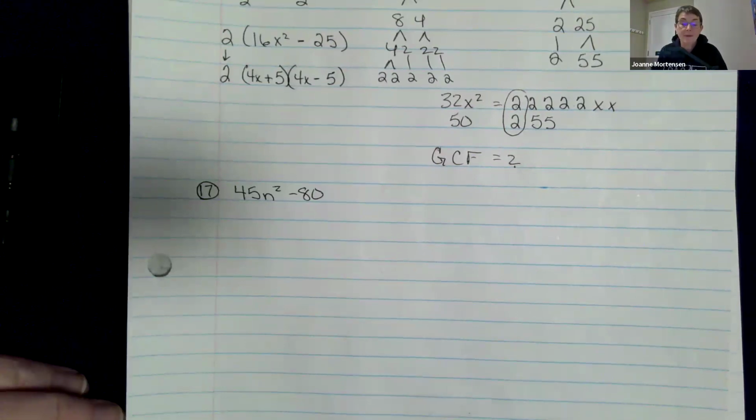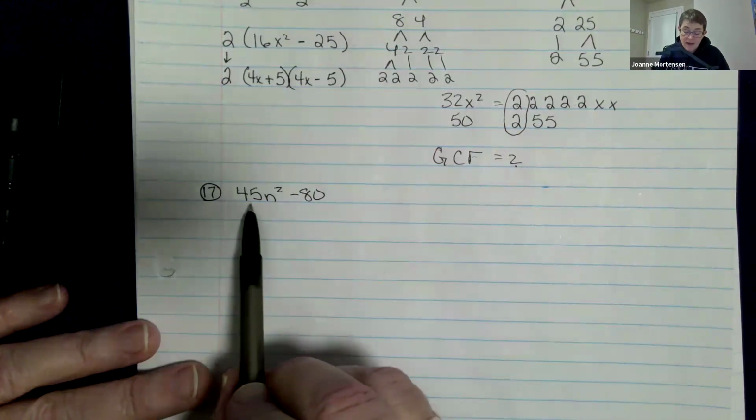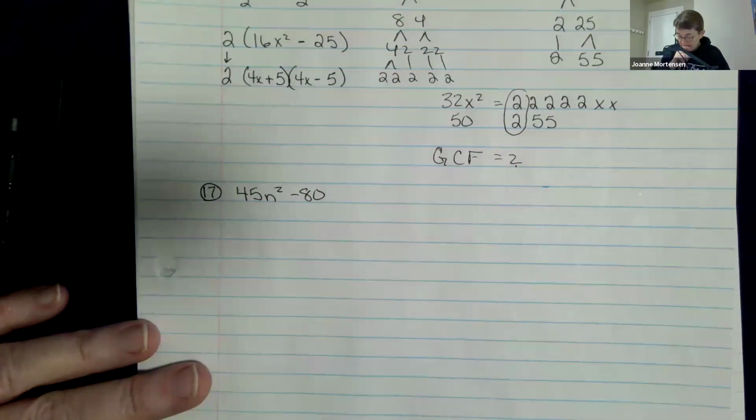So let's do it again. The nice part about this chapter is it's called scaffolding. We're taking what you knew about greatest common factoring, taking what you know about difference of squares, and ta-da, we can put them together and get stronger. Okay, well, I can stop right now because 45 doesn't have a square root.